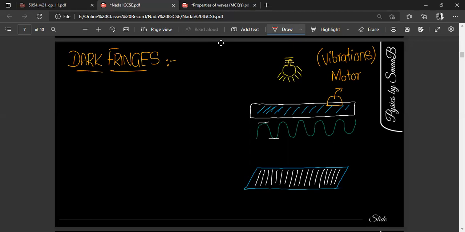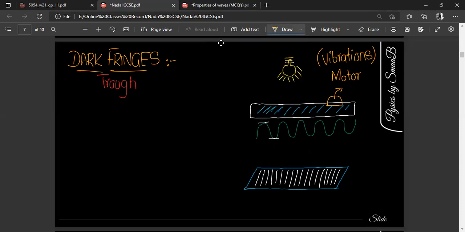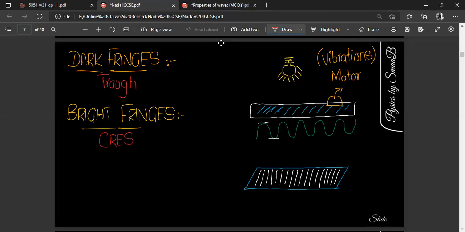So dark fringes are for the trough, okay, and the bright fringes are for the crest, right? Bright fringes are for the crest.